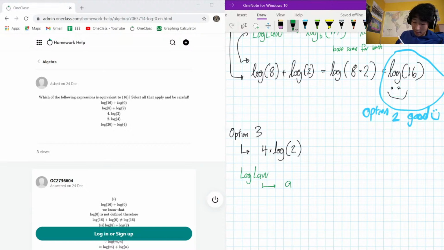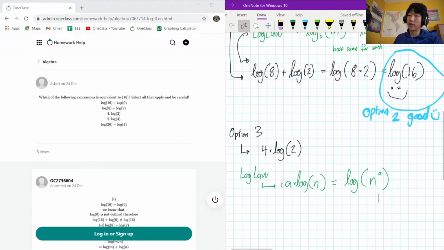When we have a number, let's call that a, multiplied by log of something, let's call that n, another way we can write this is log of n to the power of the coefficient. So what's inside goes to the power of the coefficient in front of it.